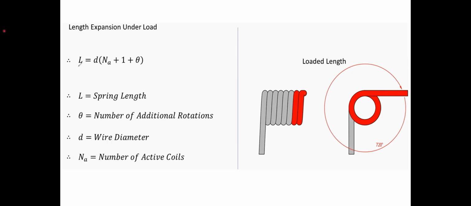And this length under load equals the wire diameter times Na plus 1 plus theta, where theta is the number of additional rotations. The force applied to the legs makes it rotate.